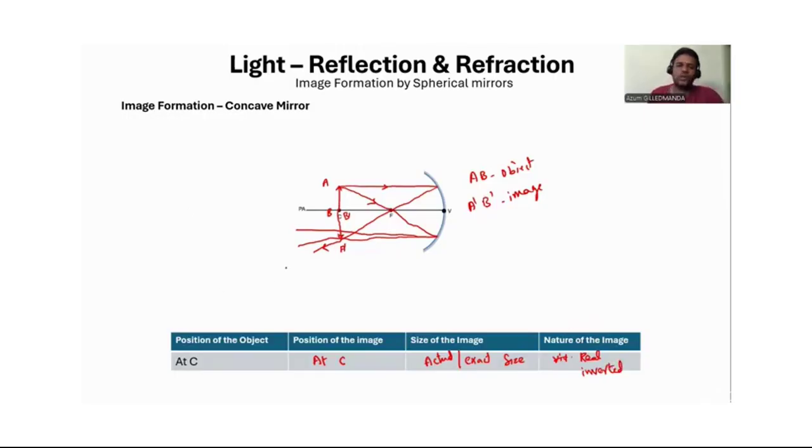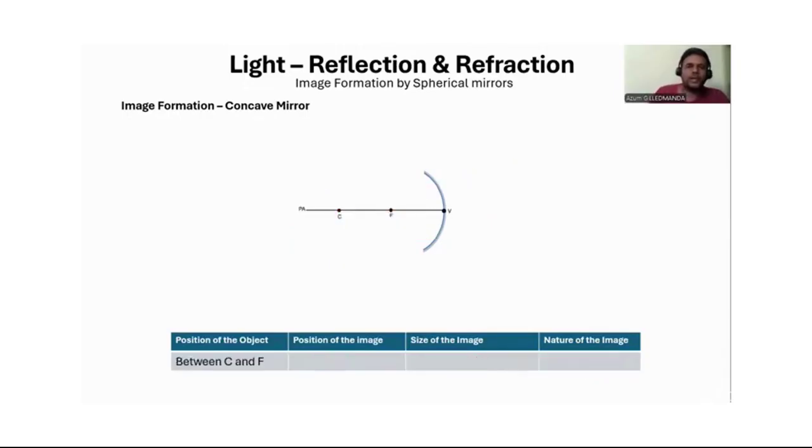So in this scenario, when the object is at C, the center of curvature, we get the image also at C, of the same size, and it is real and inverted. Okay, now let's move to the next scenario.